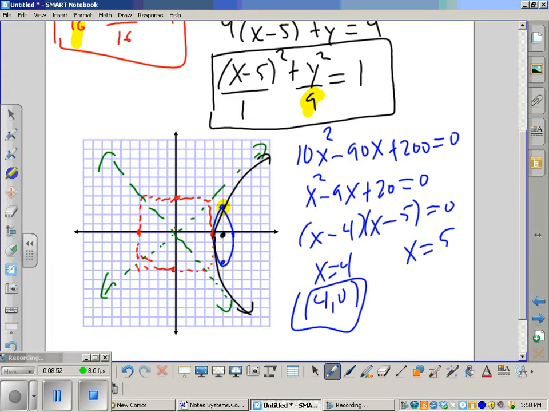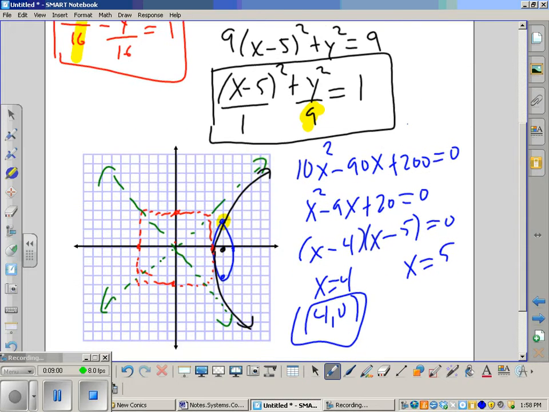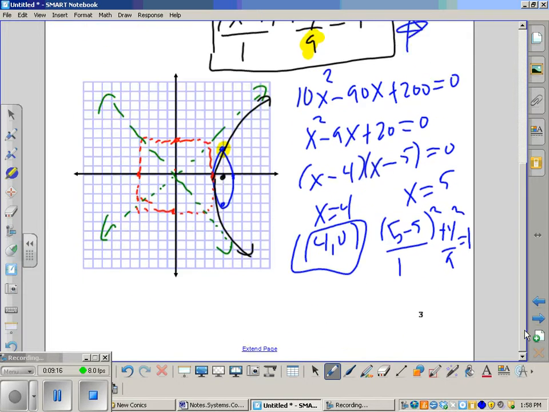And now let's plug in 5. Where do you want to plug in 5? Let's plug it into this equation to the left. So we plug in 5, and you're going to get (5 minus 5) squared over 1 plus y squared over 9 equals 1.